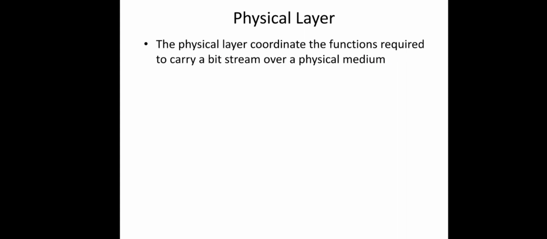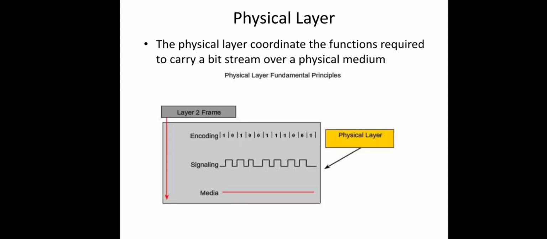The physical layer coordinates the functions required to carry a bit stream over a physical medium. You cannot directly transmit ones and zeros as such over the medium. It's a wire or some communication media, and appropriate signals should be generated for each type of media. For example, if we are using a cable, we have to convert these zeros and ones into electrical signals, and decide what voltage should be used to represent a 1 and what should be used to represent a 0.